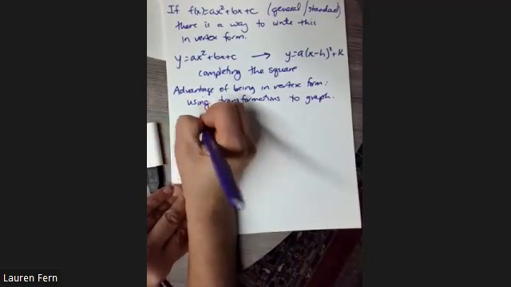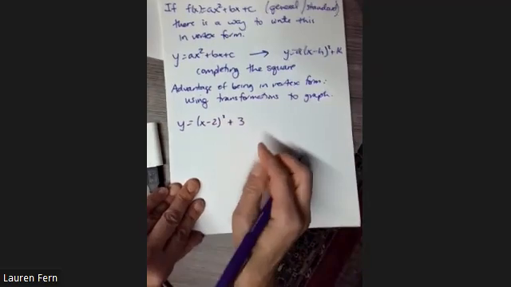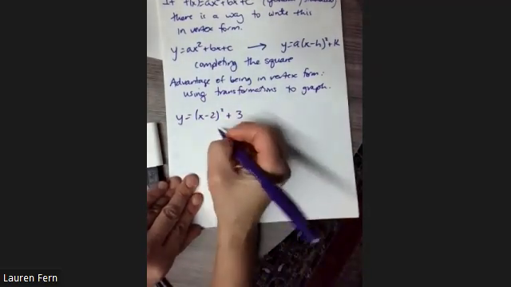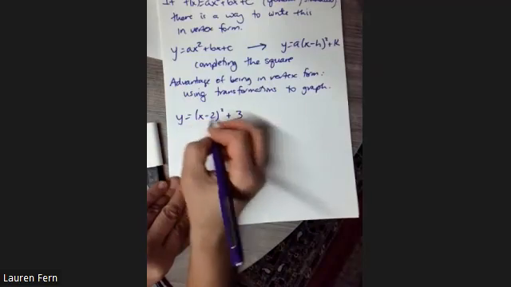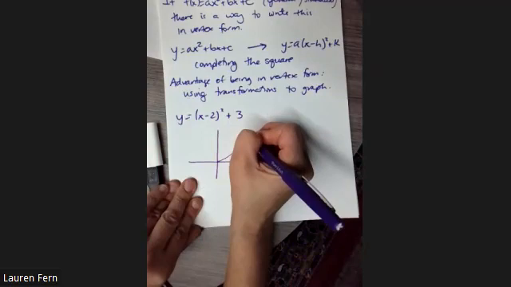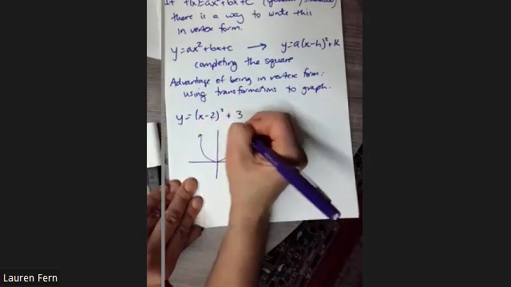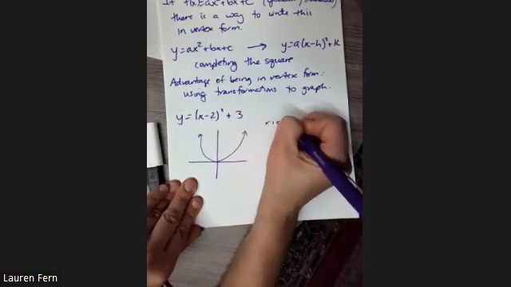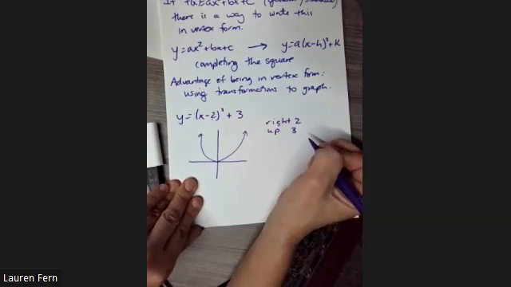Well, let me just take something. Here's a quadratic in vertex form. Okay. I claim that what we've done is we've taken our general quadratic, y equals x squared. When you subtract 2 within, we go right 2 and then up 3.